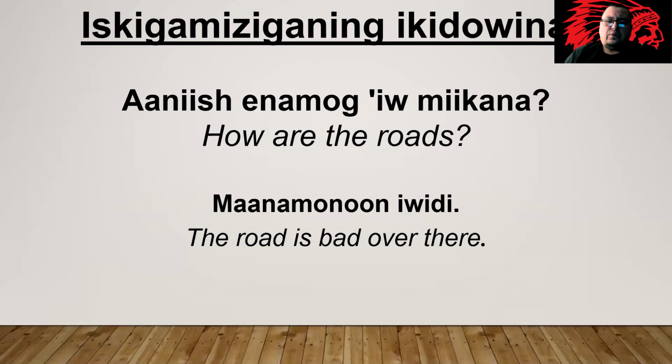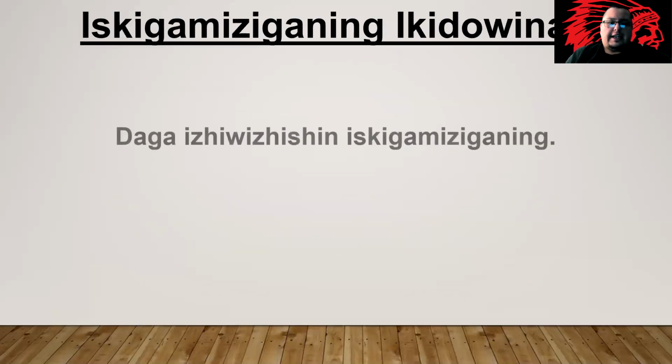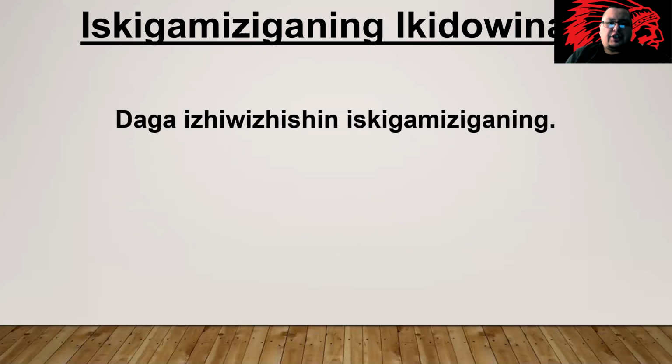I really don't know what un is, but just go with it because I asked for these words before. But manamunon iwide, the road is bad over there. Iwide, over there. Okay. You point with your lips, iwide. Over that way.